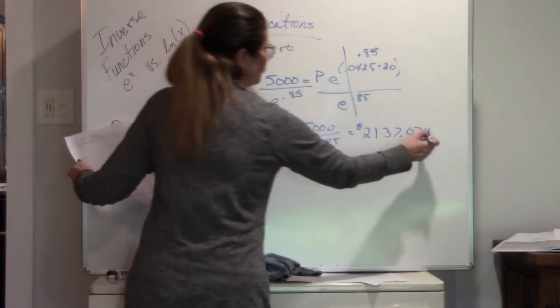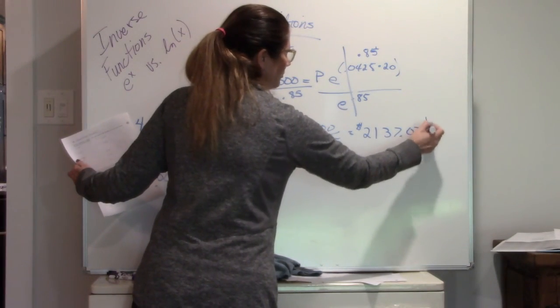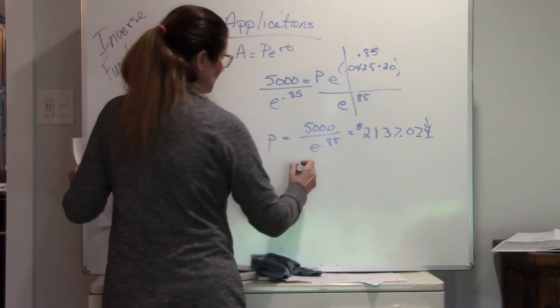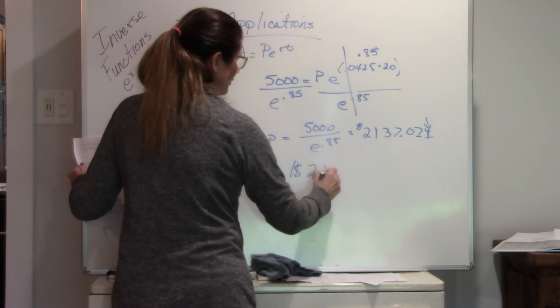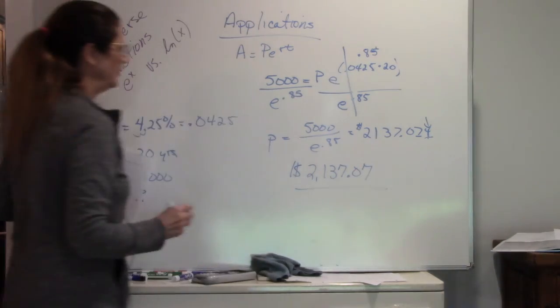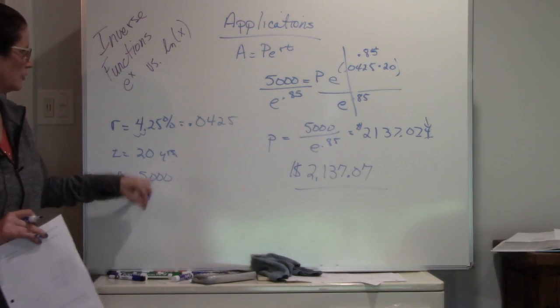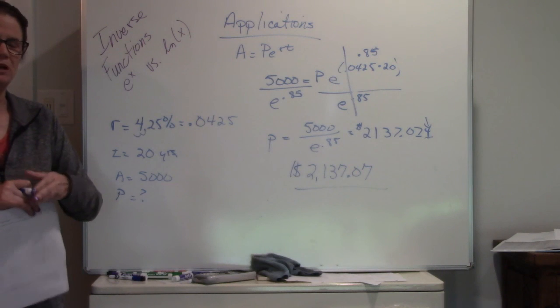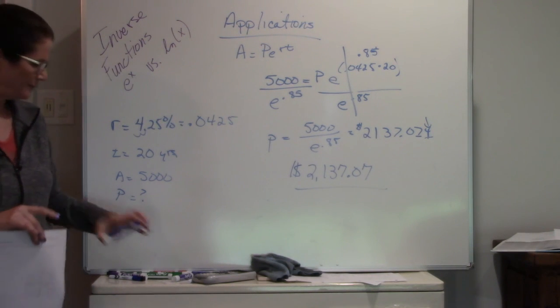So with the rounding, the 4 makes the 7 stay the same. So I need to start with $2,137.07, and that will grow to $5,000 when I have an interest rate of 4.25%. Okay, that's all.